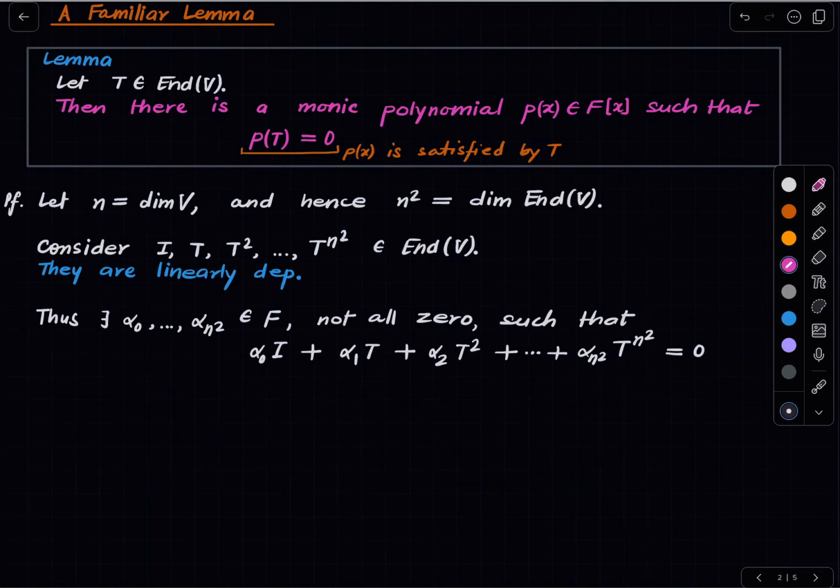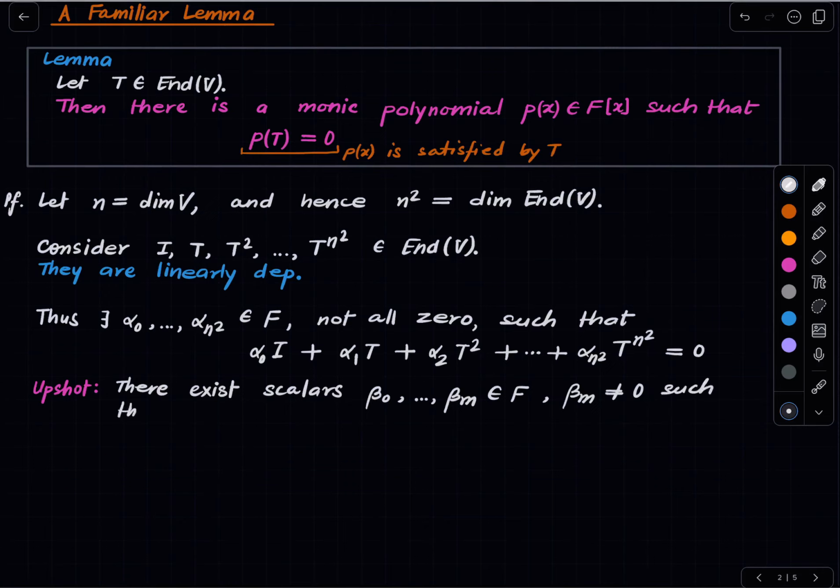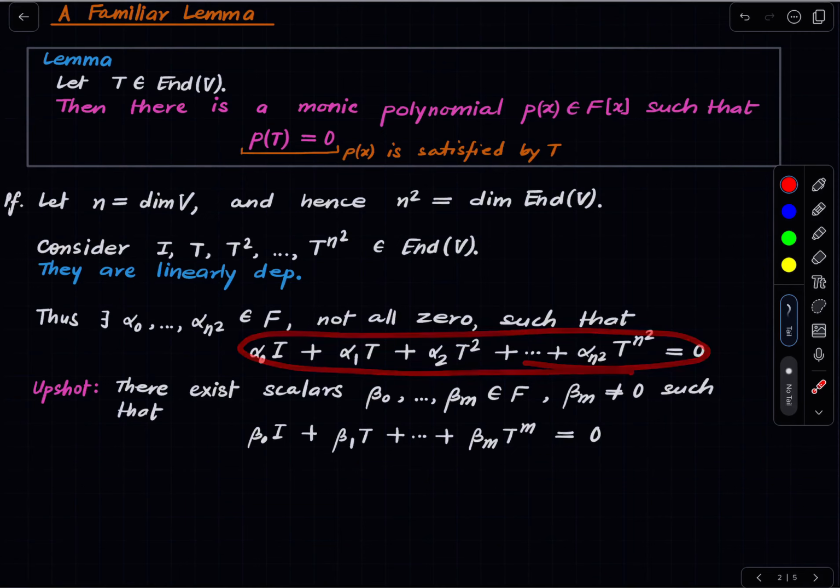So the upshot is the following. The upshot is that there exist scalars beta 0 to beta m, with beta m being non-zero, such that this linear combination is 0. So what is going on? Well, here we had some scalars such that the corresponding linear combination is 0.